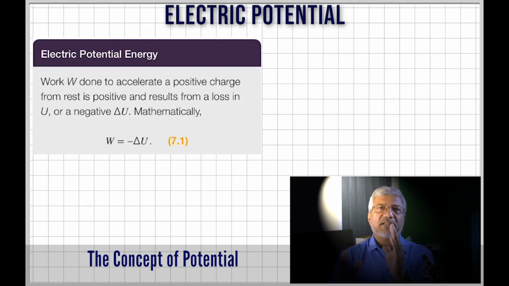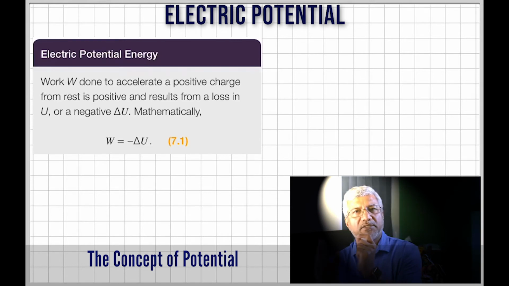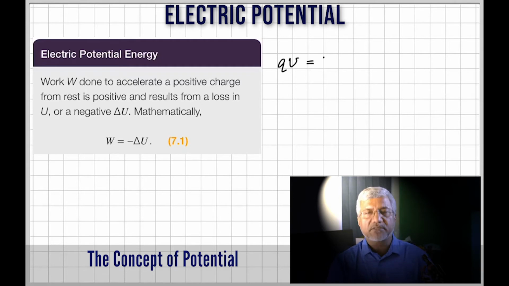So much so that when the charged particle is about to reach B, its velocity is maximum. So at that point, its potential energy has become 0, while all of it has changed into kinetic energy. Whatever potential energy it had on plate A is now completely changed into kinetic energy on plate B. So can we write this?